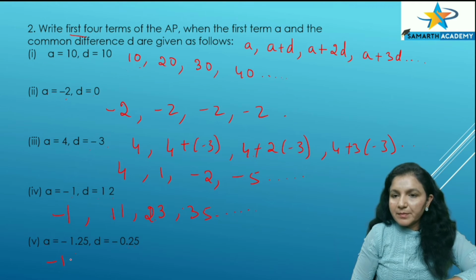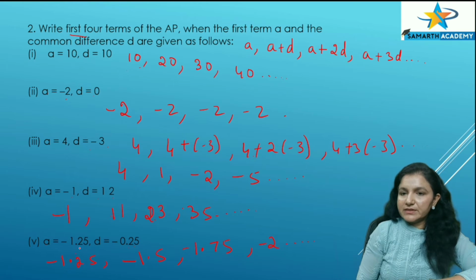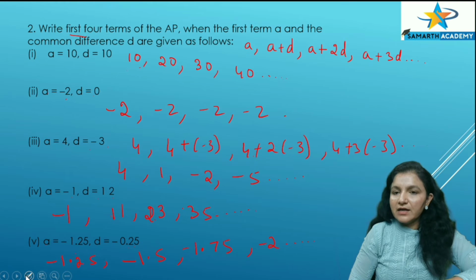So the first term is minus 1.25. D is minus 0.25, so A plus D becomes minus 1.5, minus 1.75, minus 2 and so on. So these are the APs whose first term and common difference are given.